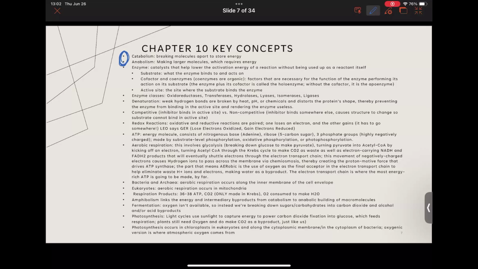So enzymes are proteins that are usually coded for in our genes. They're products of our genes that will help act as catalysts in chemical reactions. And a catalyst is basically anything that lowers the amount of energy to allow a chemical reaction to occur, and just period. That's what a catalyst is. And so these are proteins that act as catalysts in our cells, and they are not changed permanently.